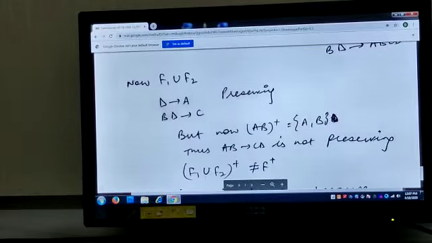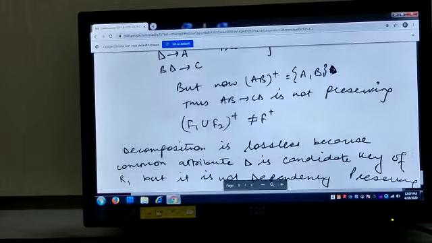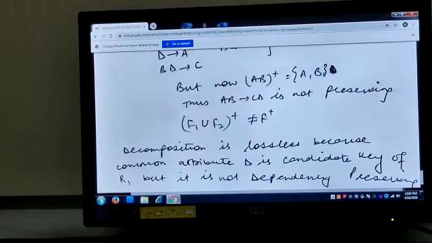It means the main condition, F1 union F2, after performing the closure with the Armstrong rules, is not equal to my initial F. I have lost one functional dependency, AB to CD.